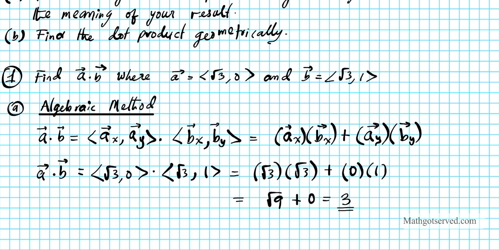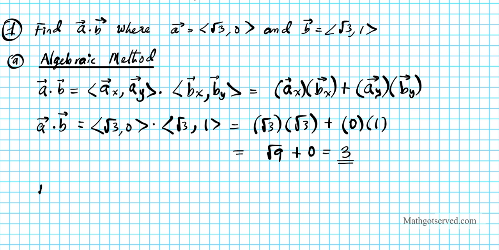So what is the meaning of this? Remember your coordinate system. The angle between the two vectors is between 0 and 180 degrees.